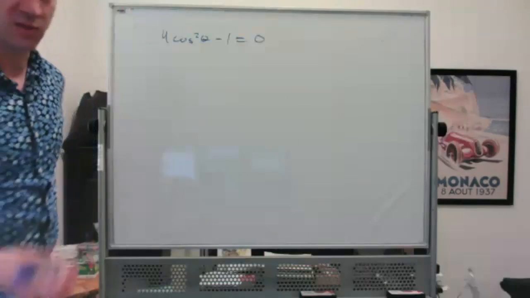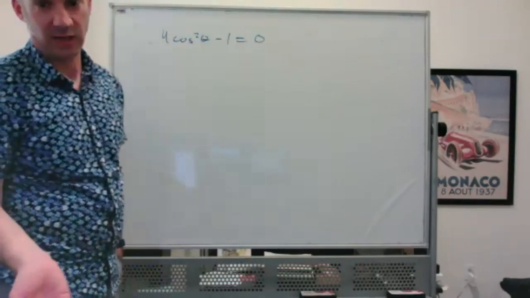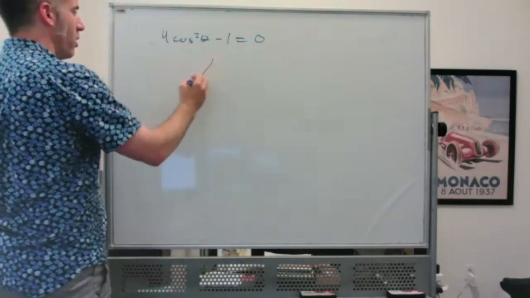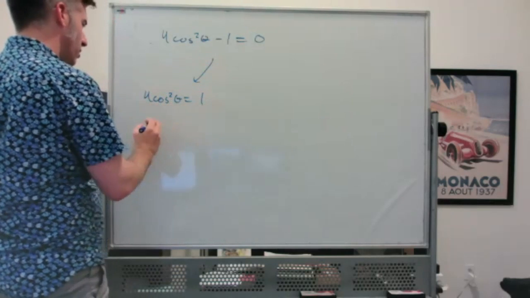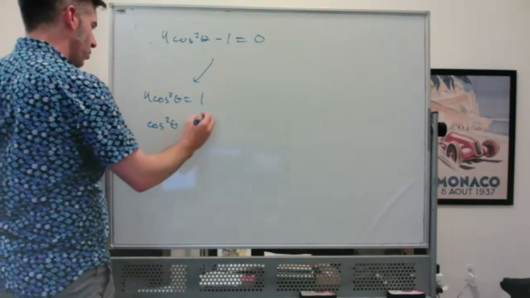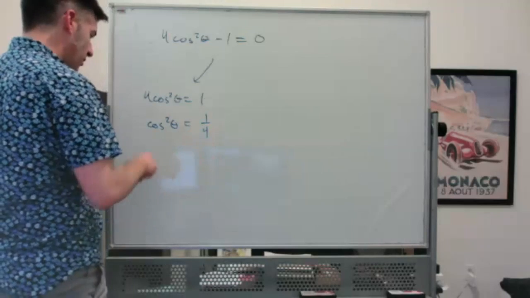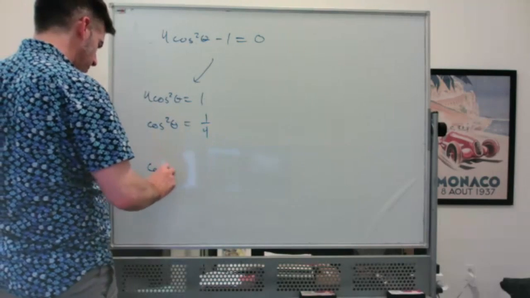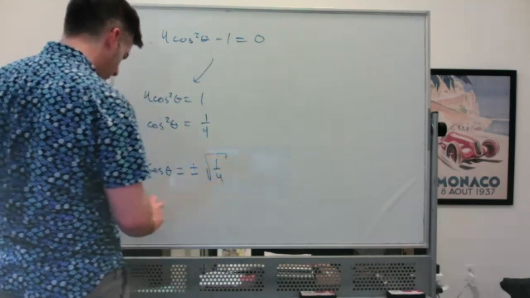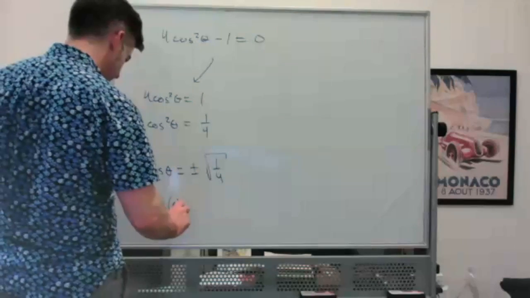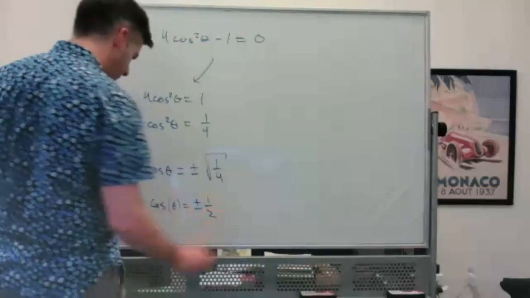One way to go about this, which is what we've already been doing, is to just isolate cosine. So 4 cosine squared theta equal to 1, cosine squared theta equal to 1/4, and then the square root of that is cosine theta equal to plus or minus the square root of 1/4, which is plus or minus 1/2.